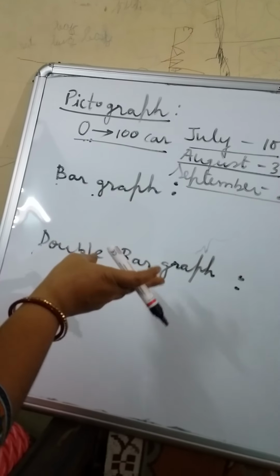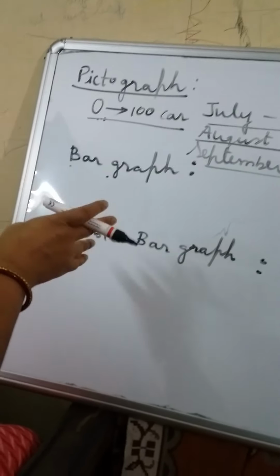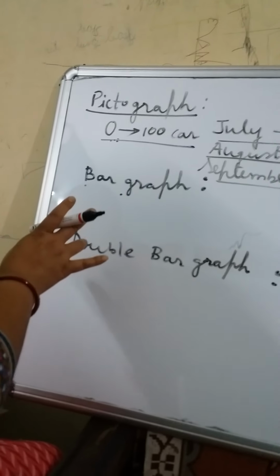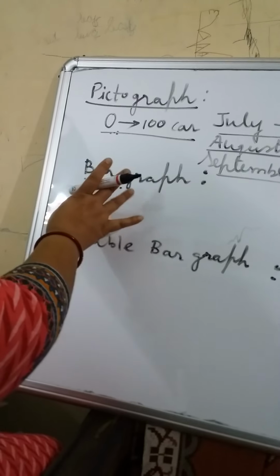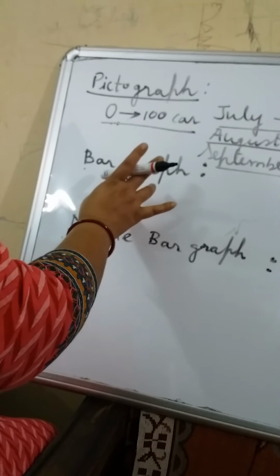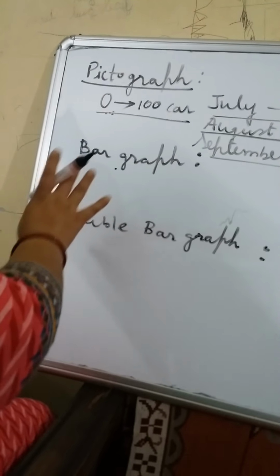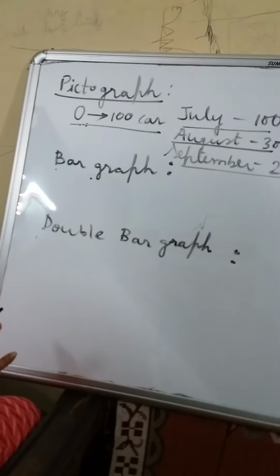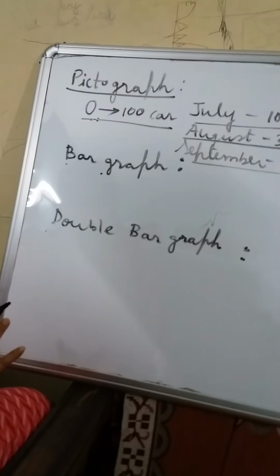Bars can be of two types: one is vertical bars, another one is horizontal bars, and their width or height are proportional to the respective values.